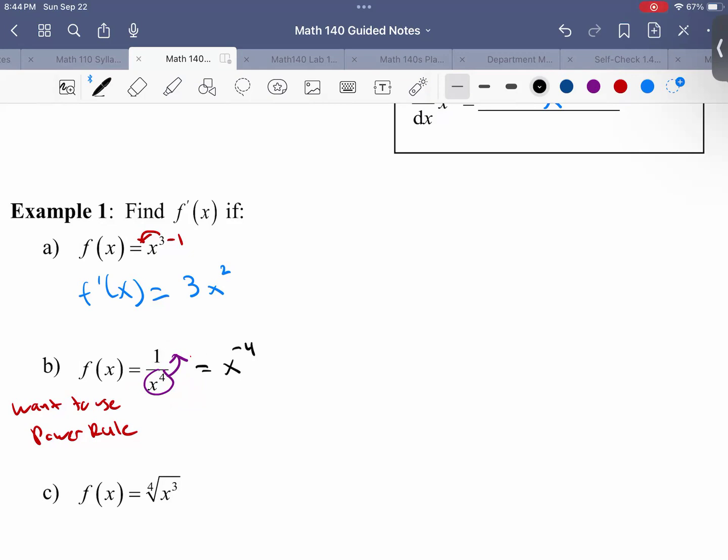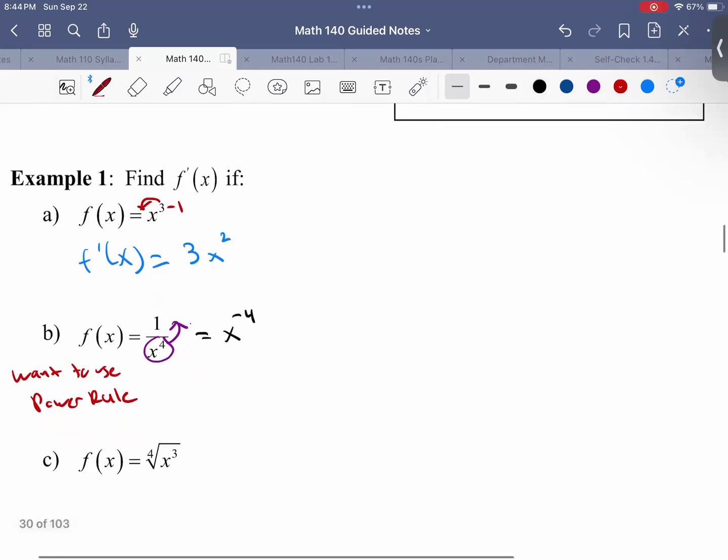And now I can use the power rule. So power rule, once again, I'm bringing that guy down and I'm subtracting 1 from negative 4. Be careful with subtracting it, not adding it. You're subtracting it, so it's going to be a bigger negative number. So that means f prime of x is going to equal negative 4 x to the negative 5. Okay.